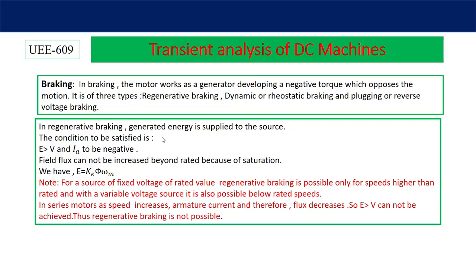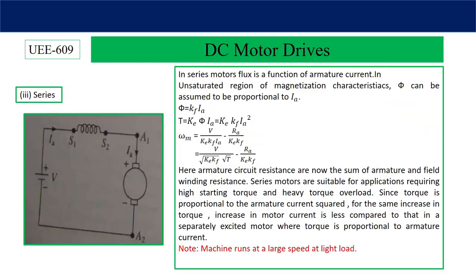That condition is E must be greater than V. You can see here it is E. Now this one is V. Now if E is not more than V, then current will not flow in this direction, because at the time of braking we are reducing the speed of this motor. At the same time we are using this one as a generator, so the generator will supply power to this battery.